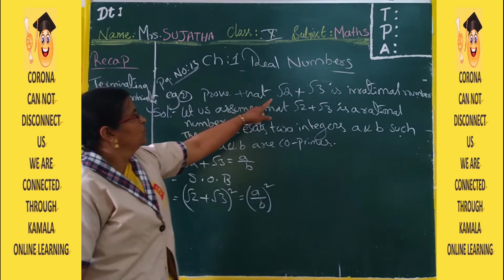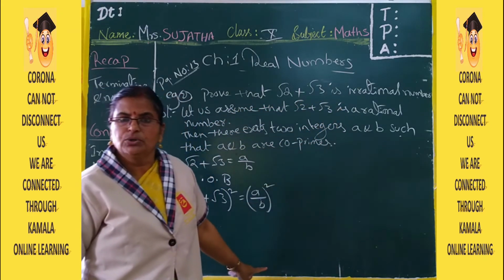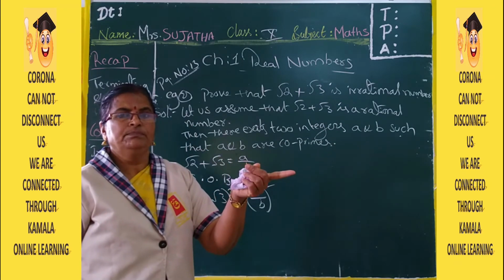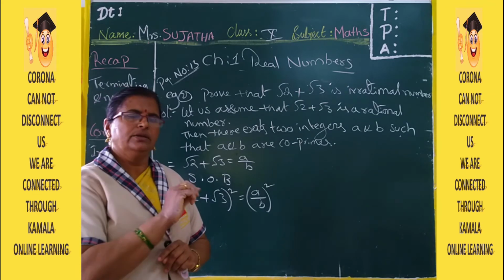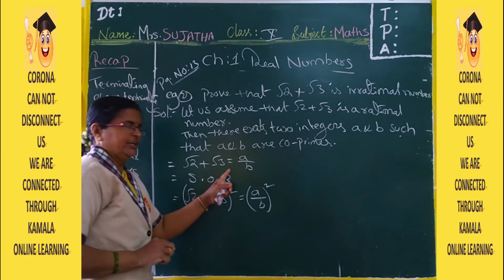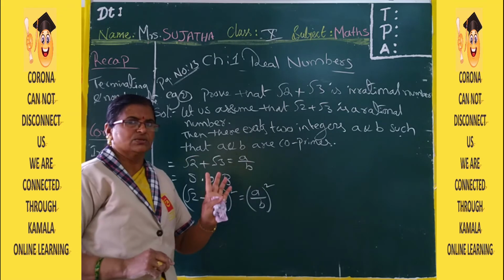Here two roots are there, that's why you have to do it like this. In the previous sum, only one root was there, so you had to cross multiply and then square. Here, no need to cross multiply, directly we can square it.